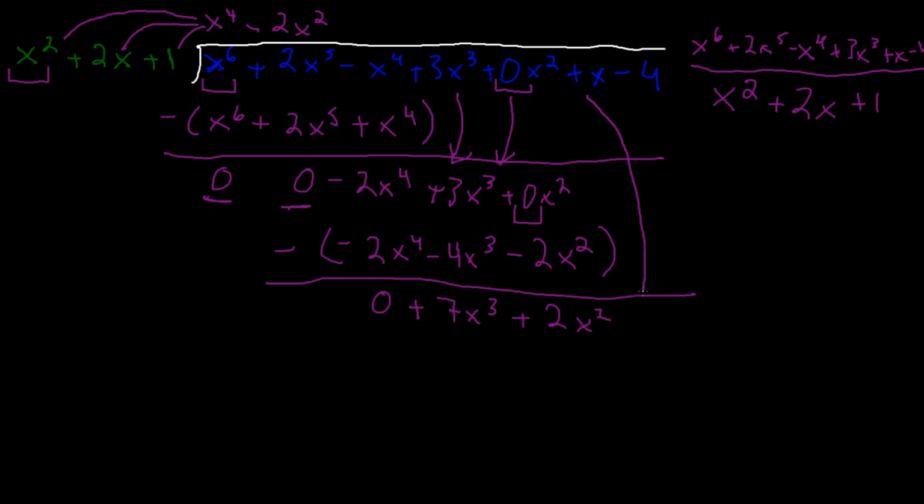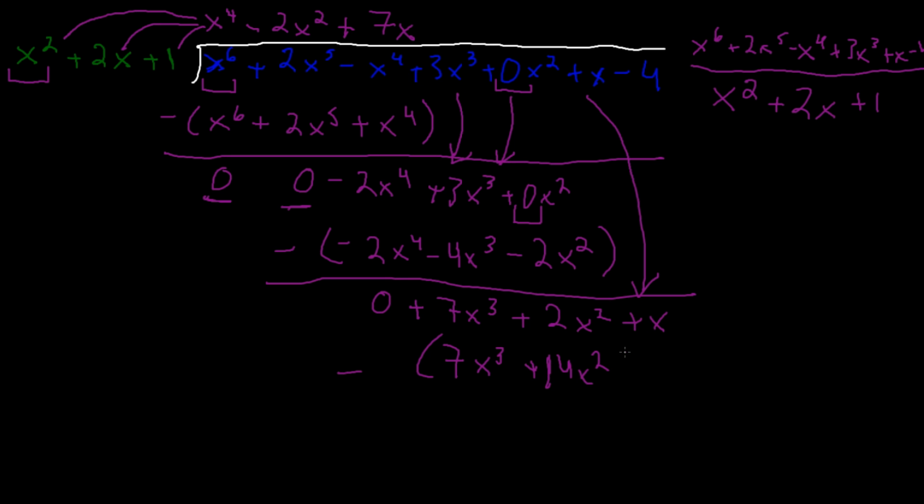So we're done with that part, so we're going to drop down another term since this one's zeroed out, plus x, and then we're going to ask ourselves the same question: x squared times what equals 7x to the 3rd? And the answer to that is positive 7x. And then we're going to multiply out, so 7x times x squared is equal to positive 7x to the 3rd. And then 7x times 2x is positive 14x squared.